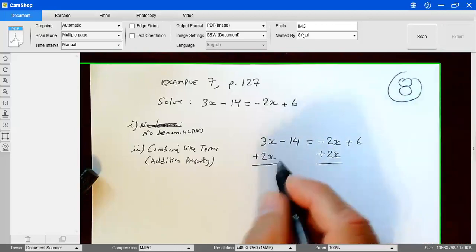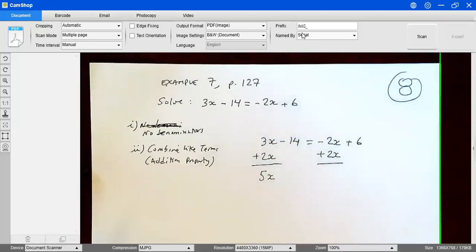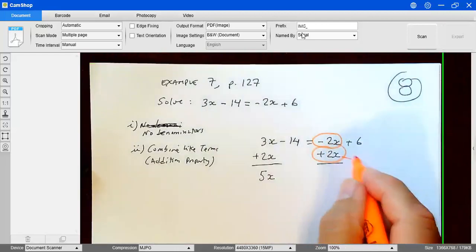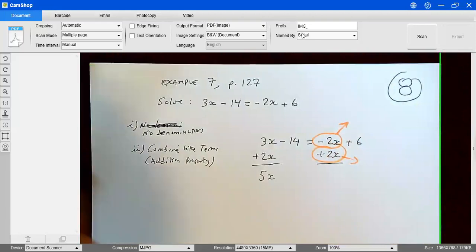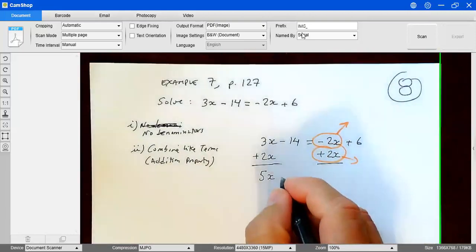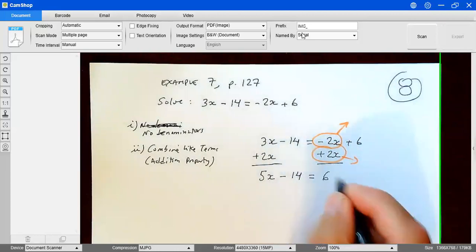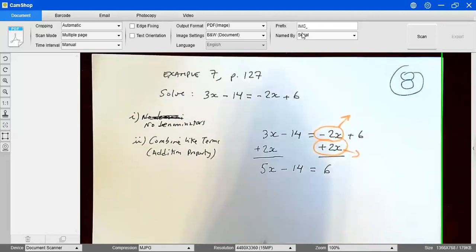If I do that, I get 5x, and this and this cancel. You remove them from here, and you write what is remaining: negative 14 equals 6. Now you have an equation like the one that we had before.